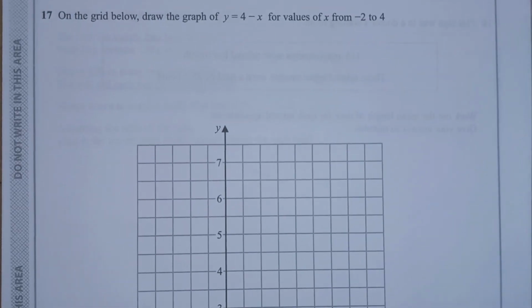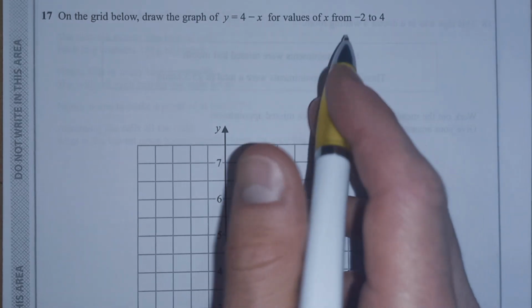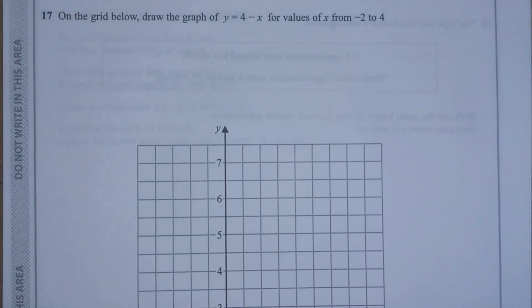Question 17. On the grid below, draw the graph of y equals 4 minus x for values of x from -2 to 4.